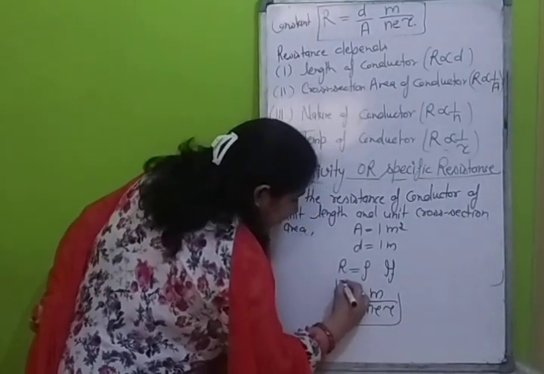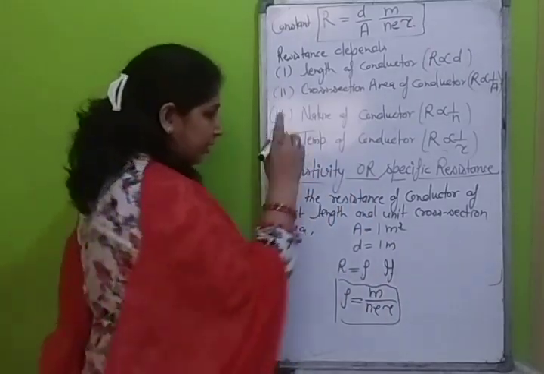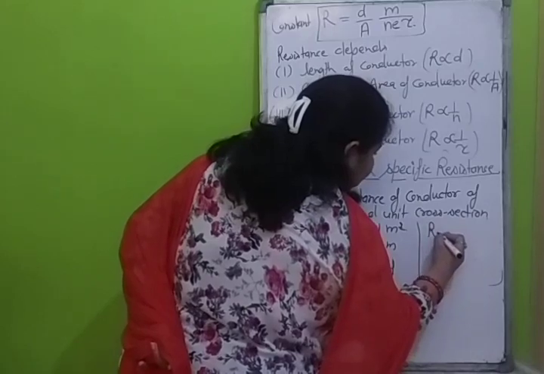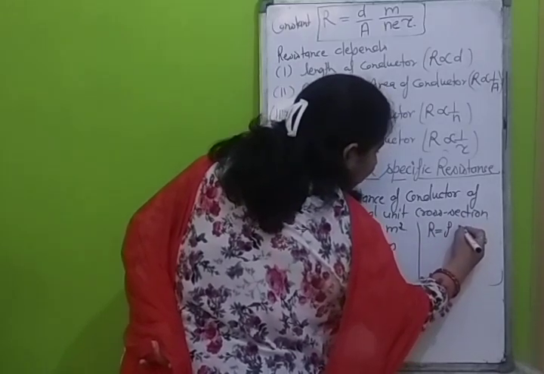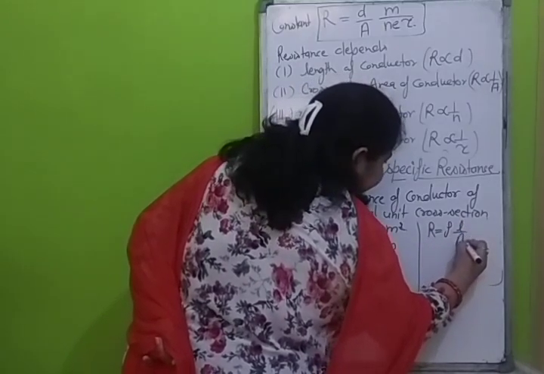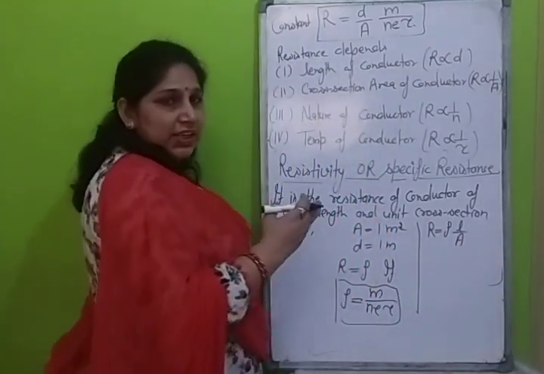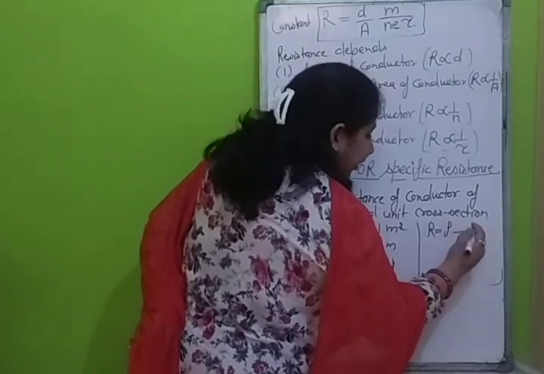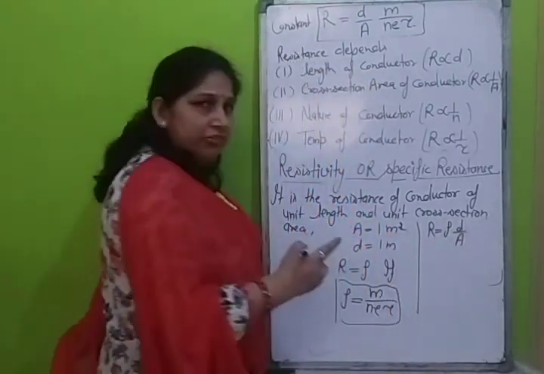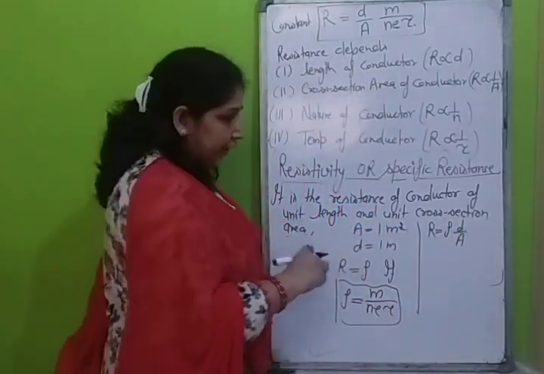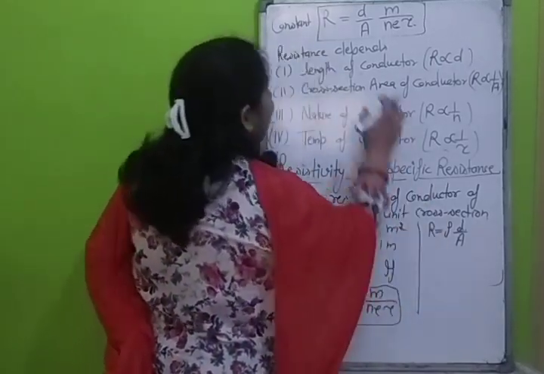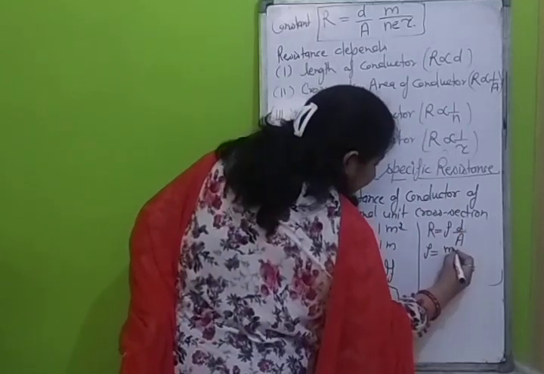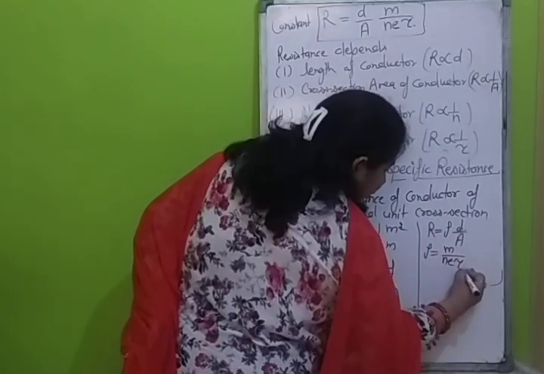This is the resistivity of the material. And by the second method, as we know, R is equal to rho L upon A. This is the basic formula we studied in class 10th, and here we have taken d in place of L, the length of the conductor. If we compare this formula with that formula, then we have rho is equal to the same m upon n e squared tau.